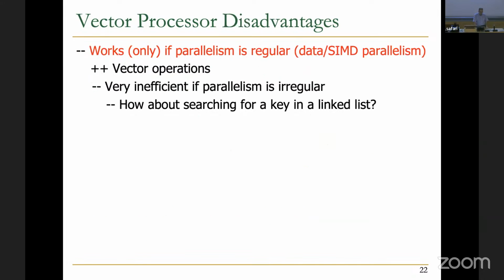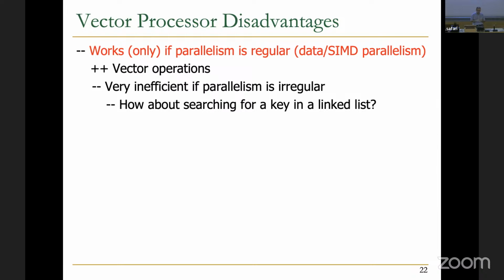So yeah, but of course, every idea also has some disadvantages. Vector processors work only if parallelism is regular. When our data parallelism is natural, like vector addition, these vector processors are really good and they provide very good performance. But there are some applications that have some source of parallelism, but the parallelism is not that regular.